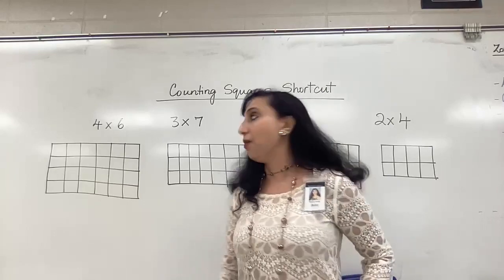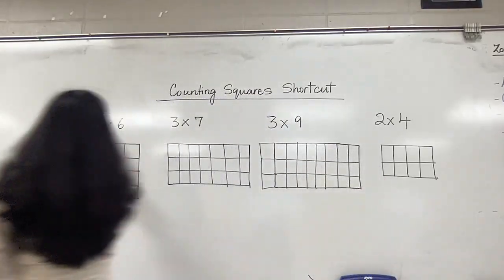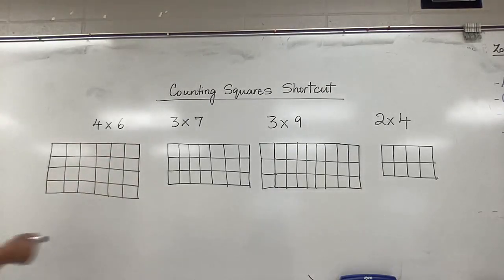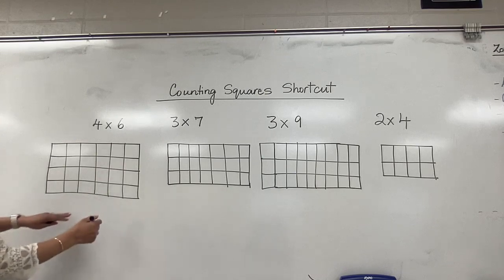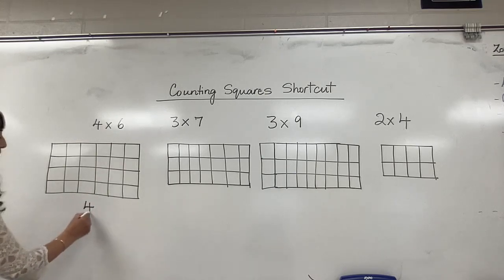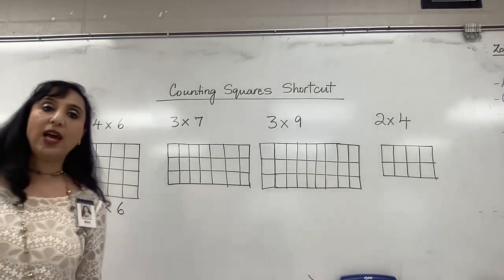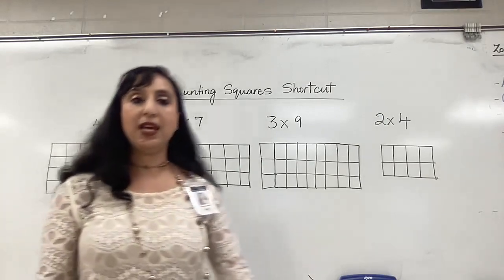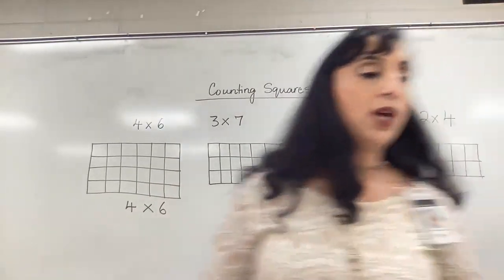All right. So we will start with the basic where we have 4 times 6. All right, this is 4. We have 6 here. So all I do is I take the 4 and I take the 6, and I know that 4 times 6 is going to be 24.